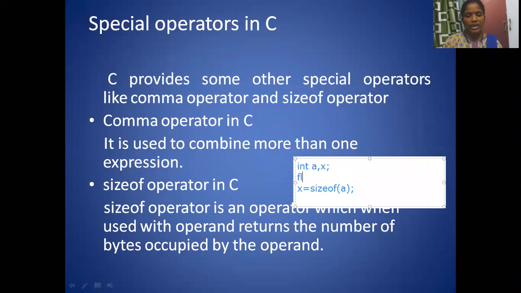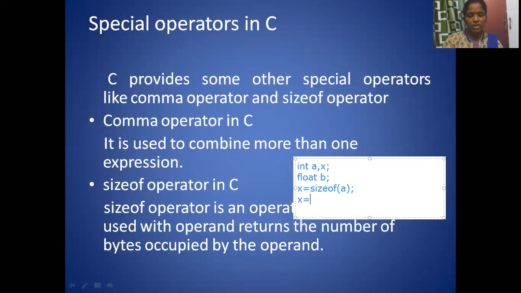Suppose I have float b, and if I write x equals sizeof b, it returns 4 bytes. That means a is of type integer, so a can hold 2 bytes, whereas b is of type float, so it can hold 4 bytes. So it returns 4 to x in one case, whereas it returns 2 to x in the other.